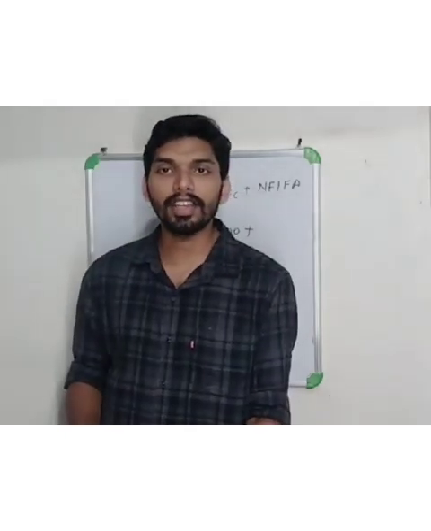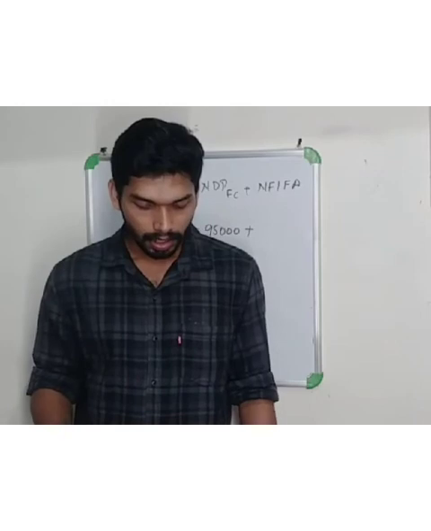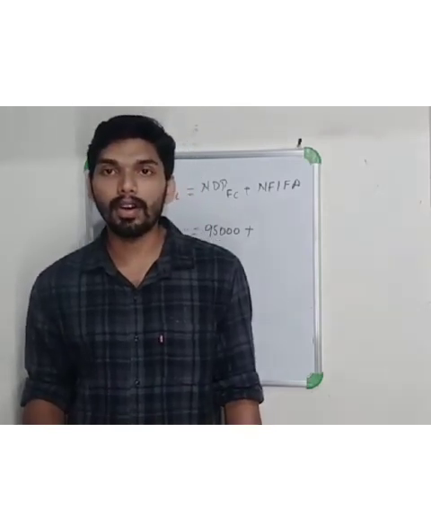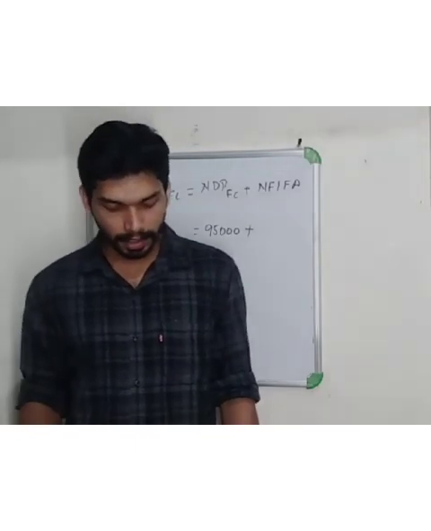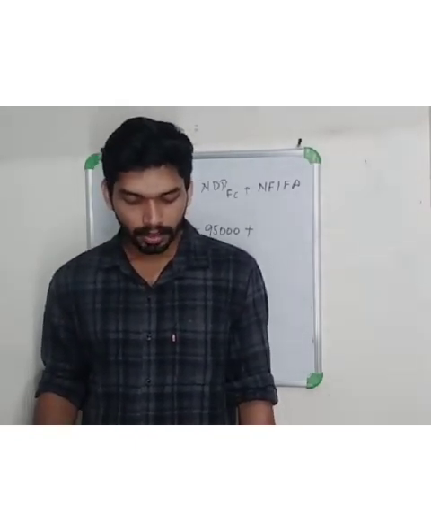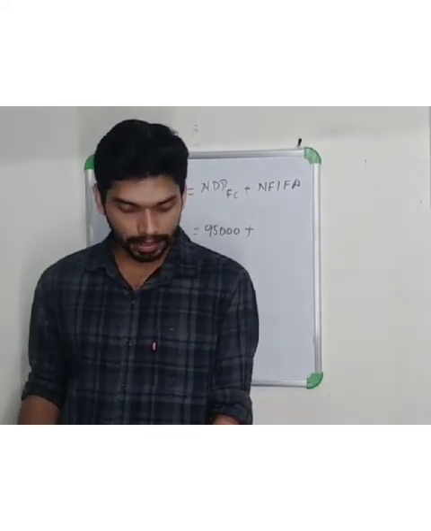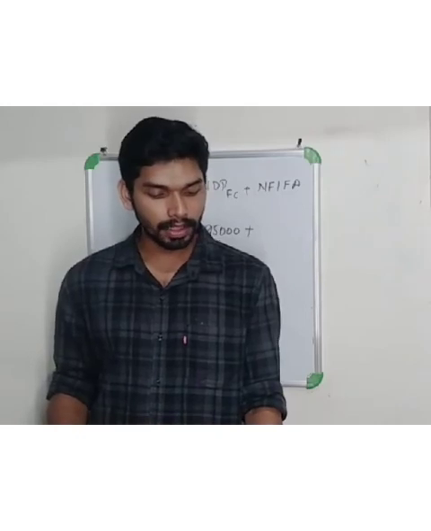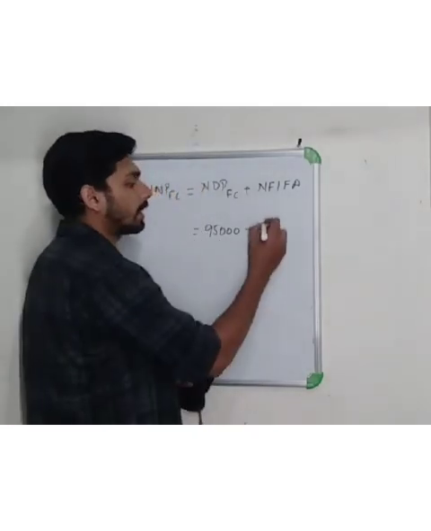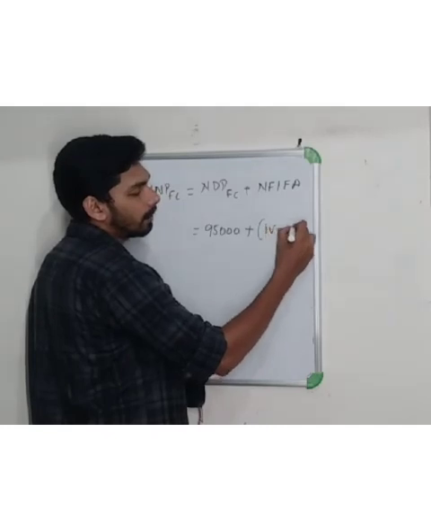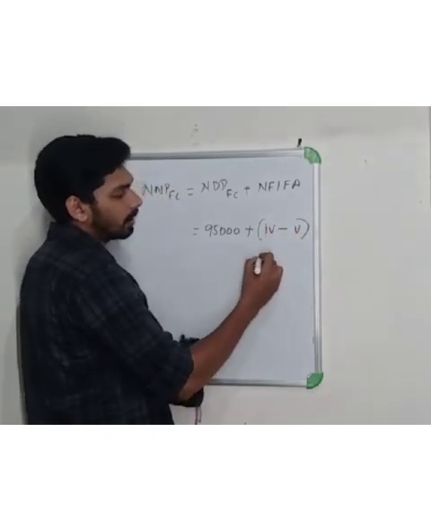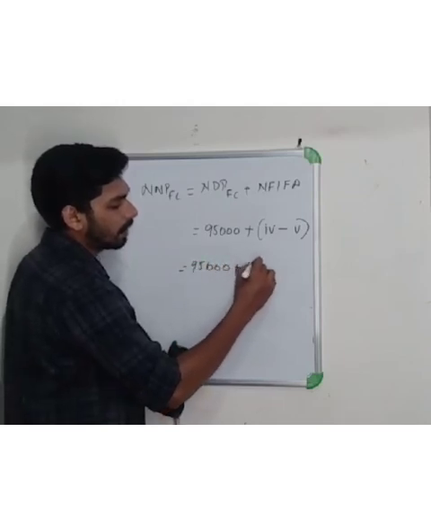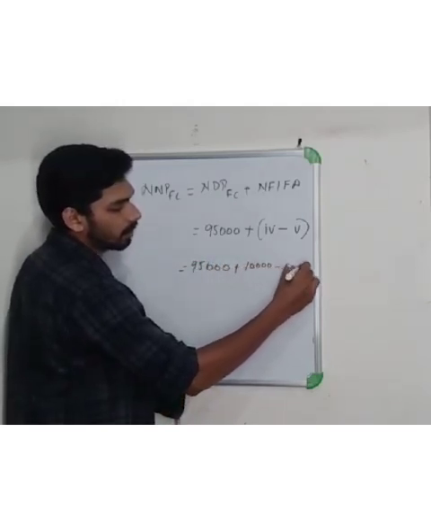Here, how can we calculate the net factor income from abroad? Net factor income from abroad is the factor income received from the rest of the world minus factor income paid abroad, that is the 4th item minus the 5th item: 95,000 plus 10,000 minus 6,000.